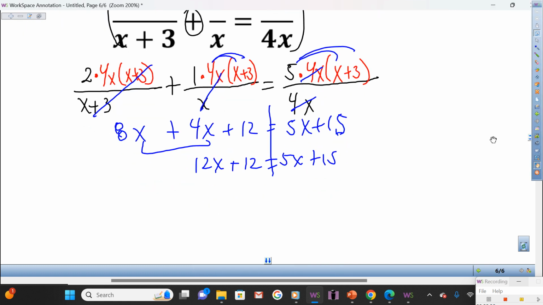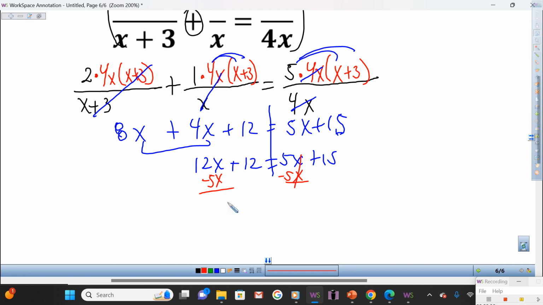All right. What do I do from there, Martin? You said subtract the smallest variable, which is 5x from each side. Now, I could have used the 12, but then I'm going to end up working with negatives all the way to the end. And I'd rather not work with negatives. I'm always positive.